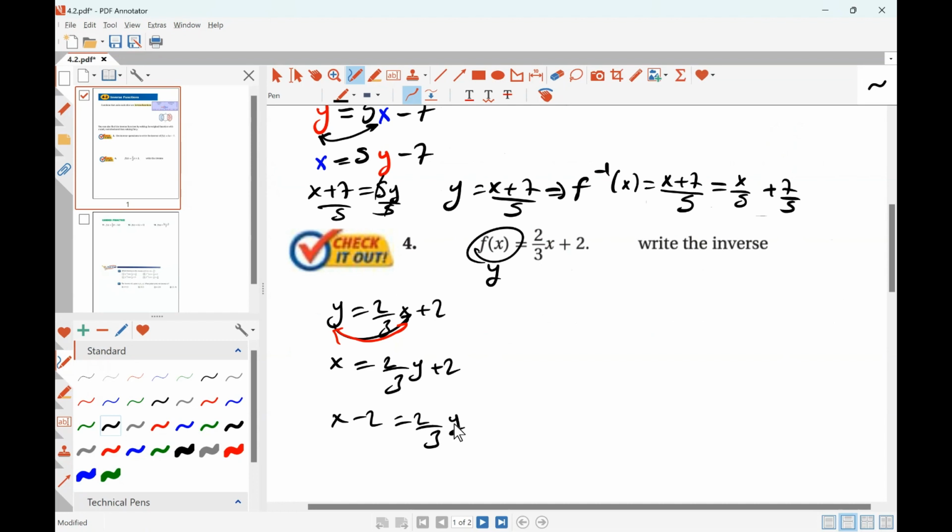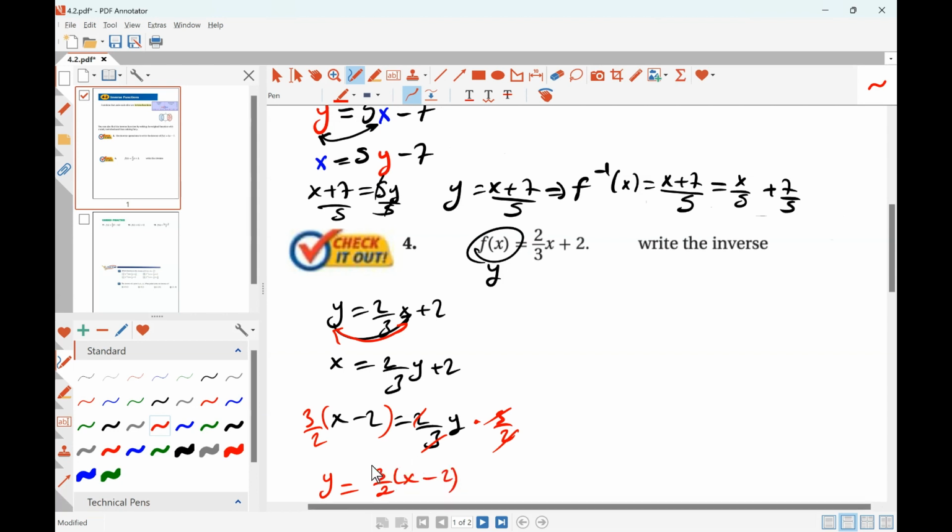I need y alone, so I should multiply both sides by 3 over 2. Make sure you are using brackets here, because 3 over 2 is not just for x, it is for x minus 2. So the 3's will cancel, the 2's will cancel. y becomes 3 over 2 times x minus 2.